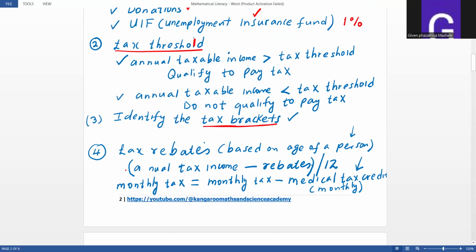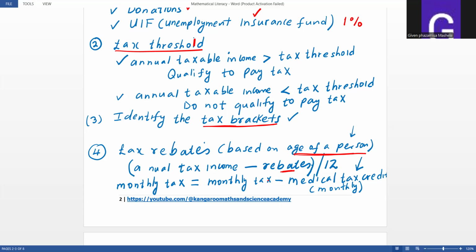And also take into account the rebates. These need to be subtracted from the annual tax. So we calculate the annual tax, and after calculating it, we subtract the rebates. After subtracting the rebates, because it's annual, we divide that tax by 12 to get the monthly tax.